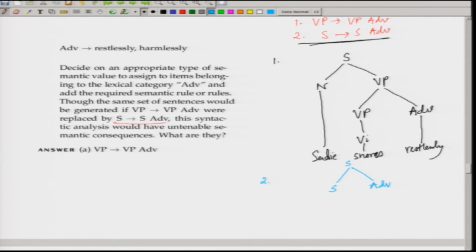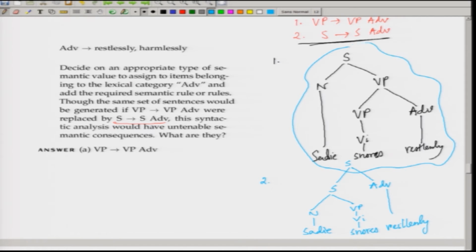This also seems to be a good option, and then this S goes to N and VP, VP goes to VI, VI goes to Snows, and N goes to Sadie, and ADV goes to restlessly. Now, both seem to be good options, but the book says that this is the right option, because the other option will have undesired consequences.